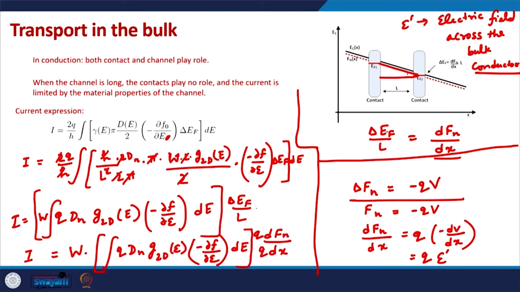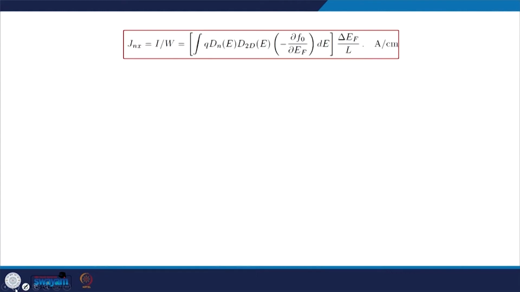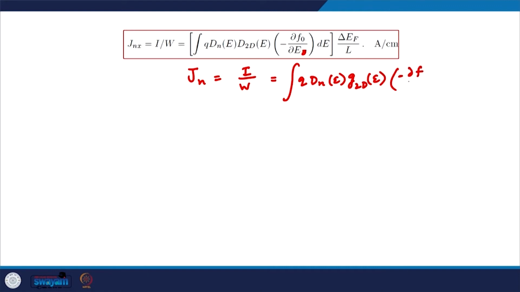Okay, and in a 2D conductor, the current density is defined as the I by W, is defined by this, which will be essentially, from the previous expression, the integral of q dn, let's also write dn as an explicit, into G2D(E) minus del F by del E dE.